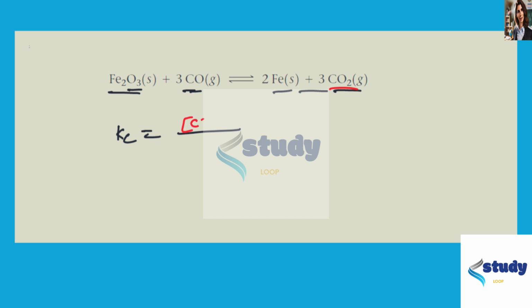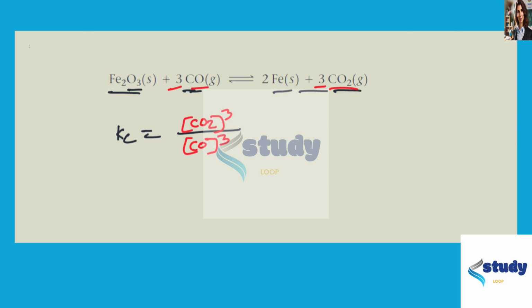On top we have the concentration of carbon dioxide, and since it has a coefficient of 3, we raise the power by 3. In the denominator we have the gaseous reactant concentration, carbon monoxide, and since it also has a coefficient of 3, its power will also be 3.